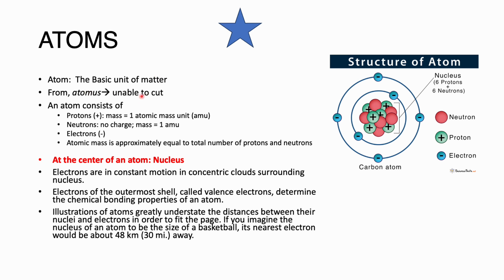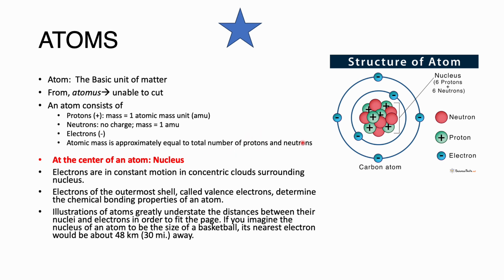An atom consists of a proton, which has a positive charge, a neutron, which has no charge, and electrons, which have a negative charge. The atomic mass is approximately equal to the total number of protons and neutrons.